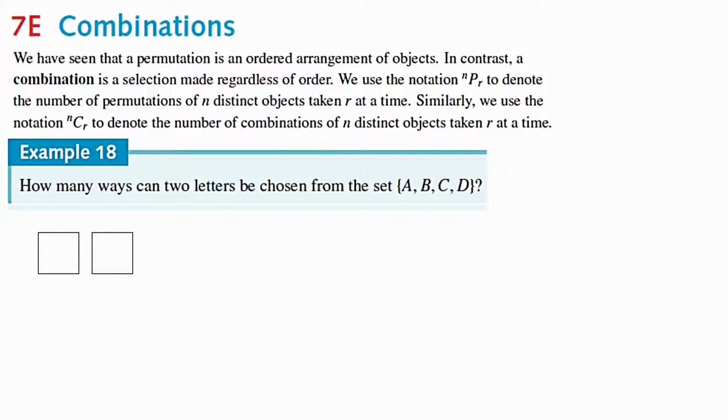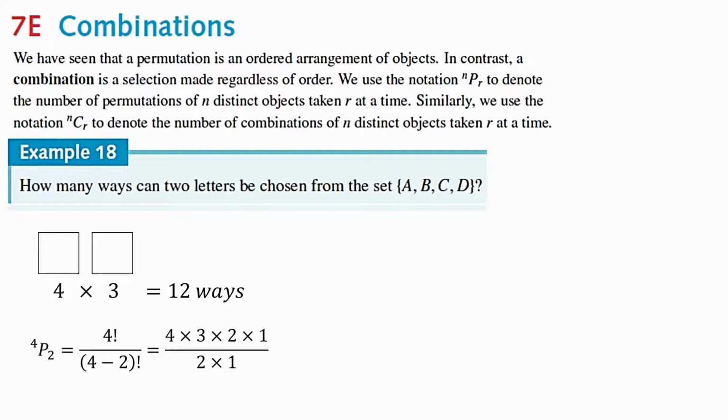And therefore I have three left. So you'd say 4 by 3, and there are 12 ways of figuring this out. So 12 ways of rearranging A, B, C, D, where you pick only 2 out of the 4. Effectively, I'm saying 4 items, I'm choosing 2. So 4P2, permutations.